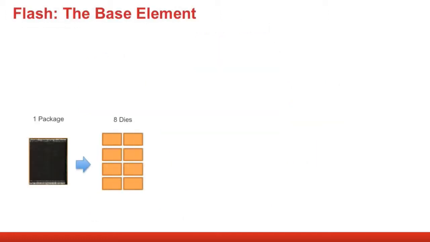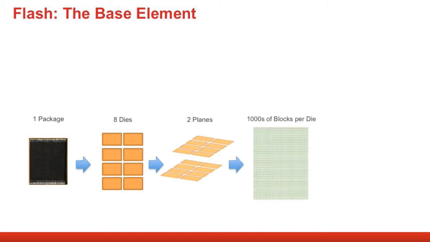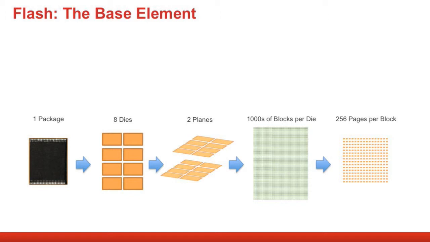Let's take a look at the base element of what Flash is. You have a package, and that's broken into 8 dies. These dies then have 2 planes for the Flash to exist. In those planes, you've got thousands of blocks per die, and in those blocks, roughly 256 pages per block.